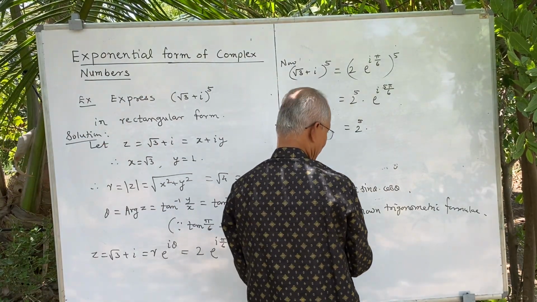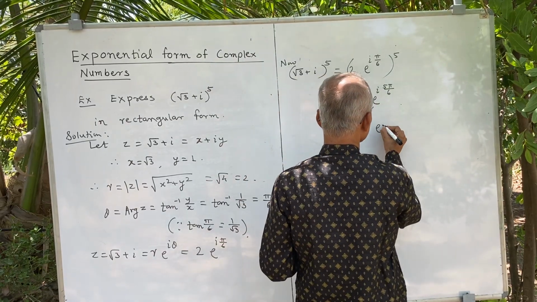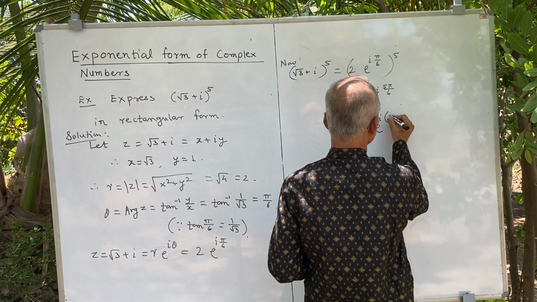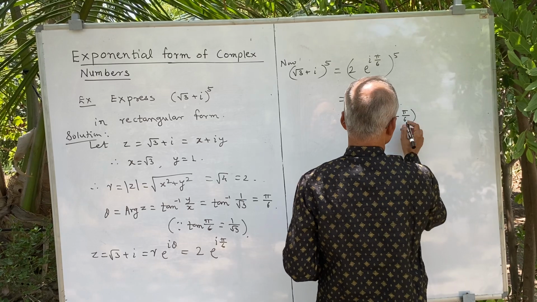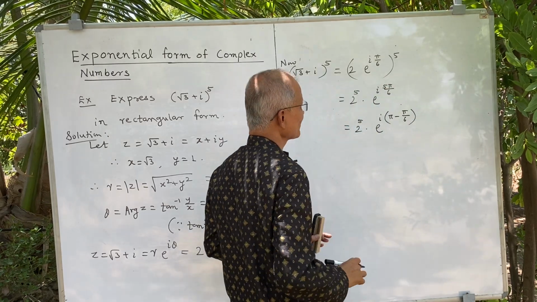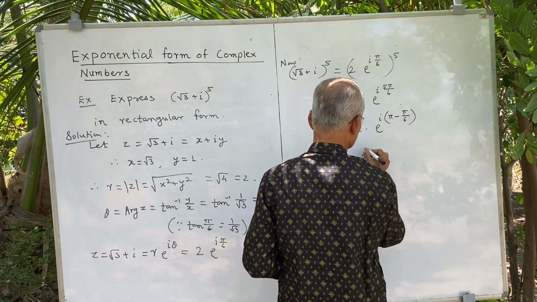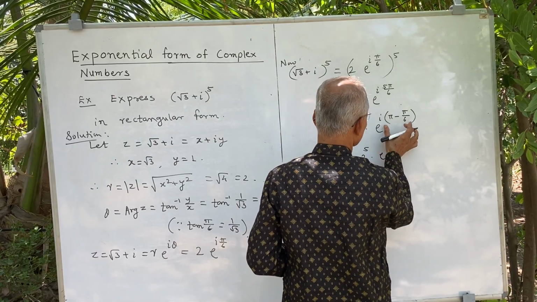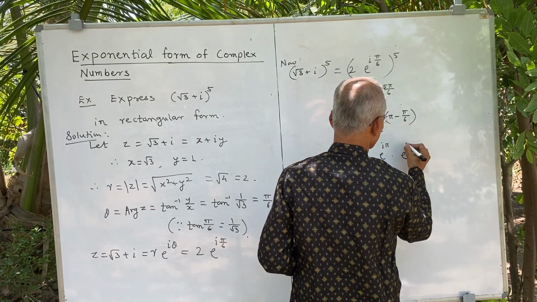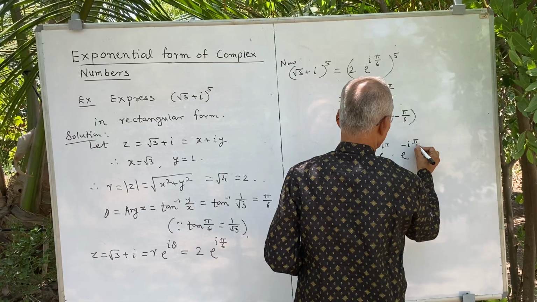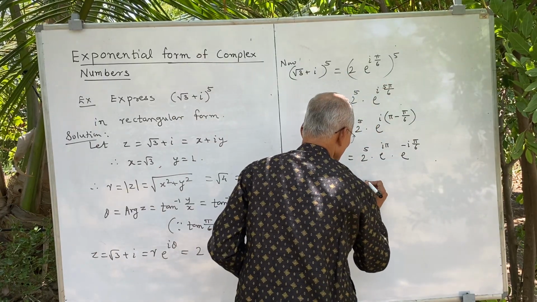Therefore I shall write this as e power i, and 5 pi by 6 can be written in terms of pi by 6 as pi minus pi by 6. See, 6 pi minus pi is 5 pi, divided by 6. And again this is 2 power 5. We shall separate this as e power i pi into e power minus i pi by 6, times 2 raised to 5.